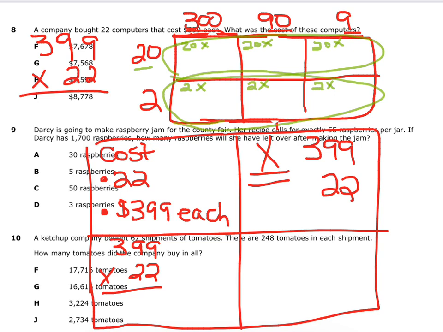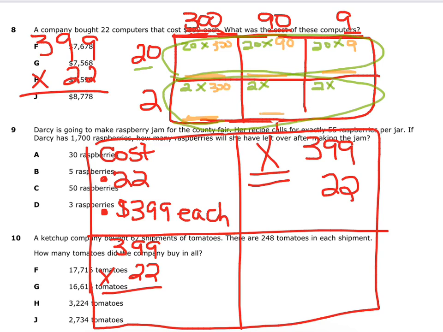So, when I look at this box, it's 20 times 300. This box is 20 times 90, and this box is 20 times 9. Now, down on the bottom, this bottom box is 2 times 300.